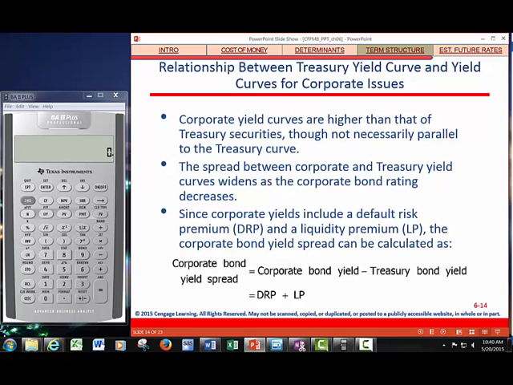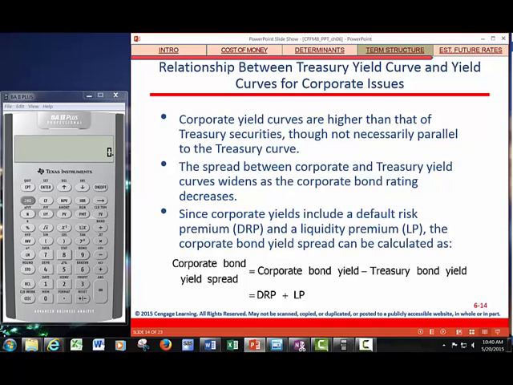Here we're just looking at the relationship between Treasury yield curves and yield curves for the corporate types of bonds. And the corporate bond yield spread, if you look down here, is equal to the corporate bond yield. If we looked out in the market on Bloomberg right now and said, what's the rate on an AT&T 30-year bond?